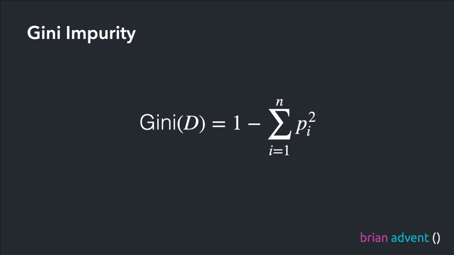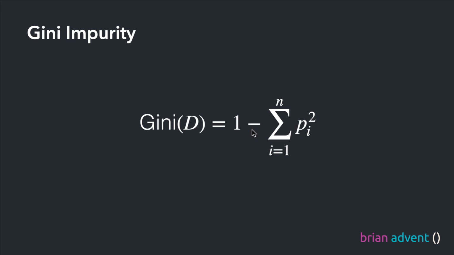For example, if half of our data is class A and the other half is class B, P for class A is 0.5 and the same for class B. And this is now the actual probability squared, which is a way to give more weight to higher probabilities. And finally, we're subtracting the sum from 1, and this gives us the impurity.